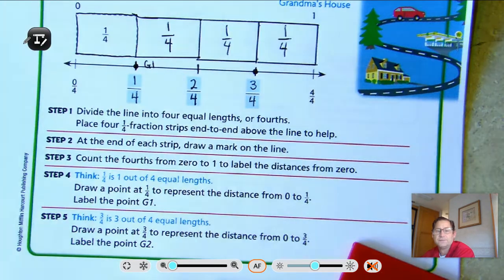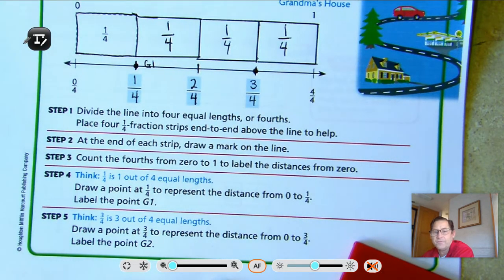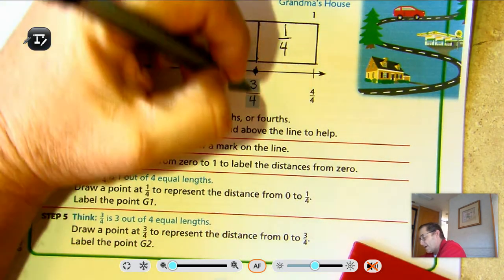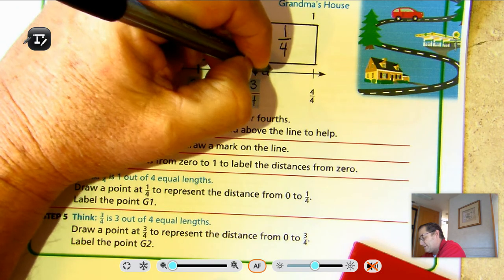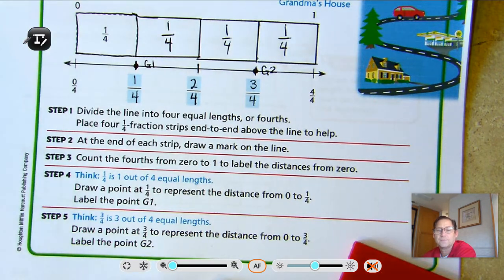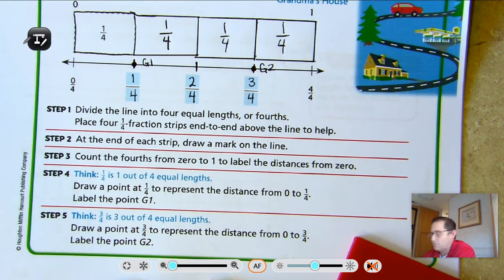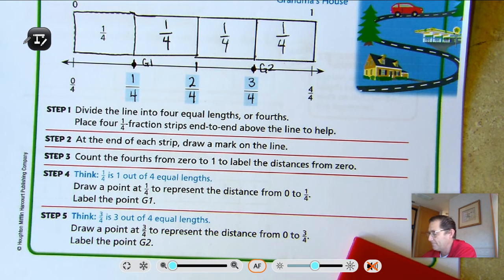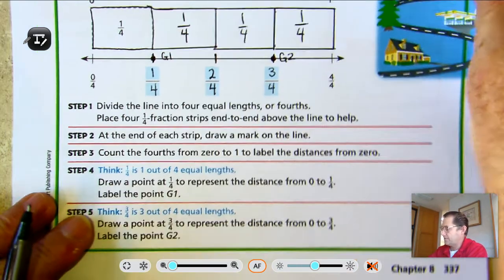So again, I'm going to put a dot at 3/4, and it wants us to label that point G2. Okay, so that's basically it as far as locating points on a number line. Okay, so let's go to the next page.